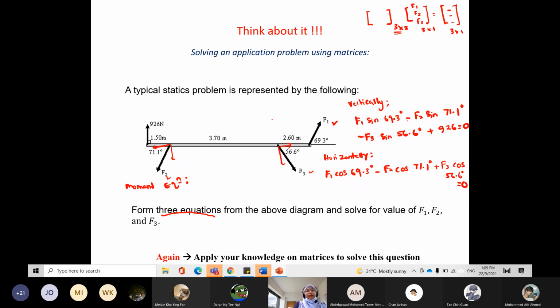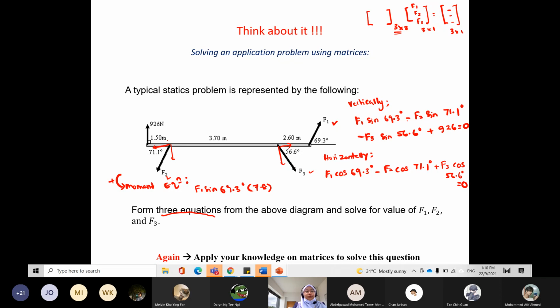So F1 just now is vertical, so F1 sine 0.3 multiplied by the perpendicular distance 7.8. So it should be plus, if the moment we count in this direction is positive.